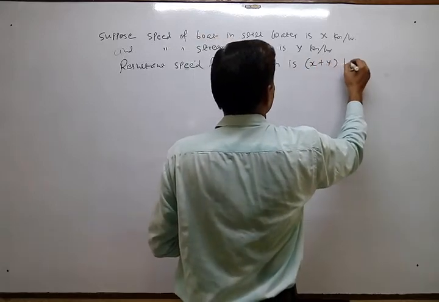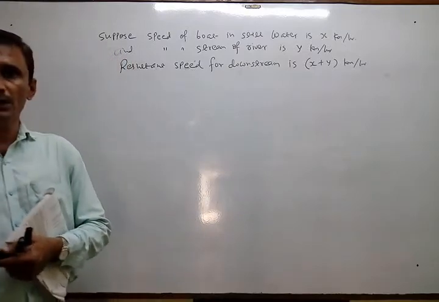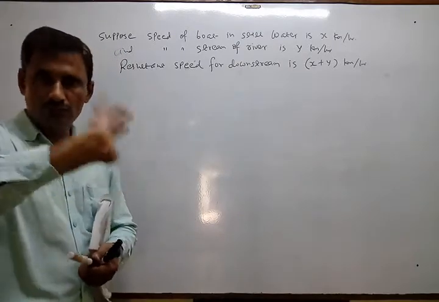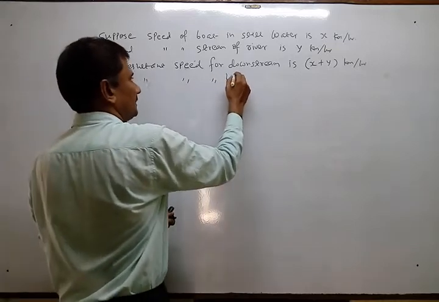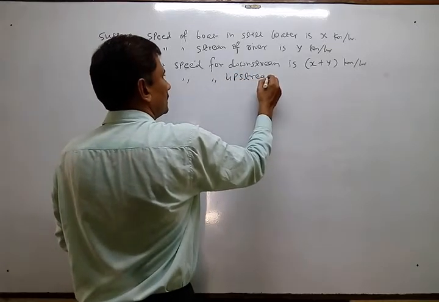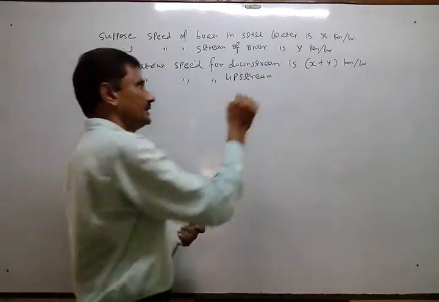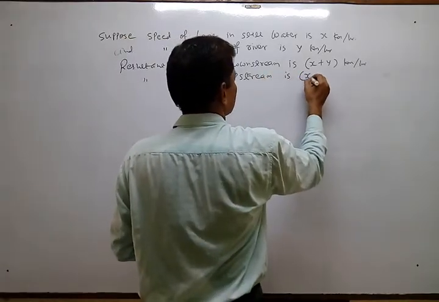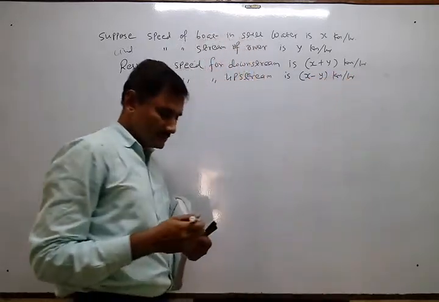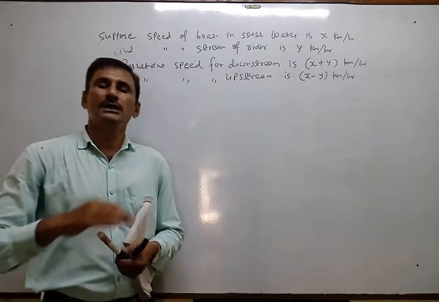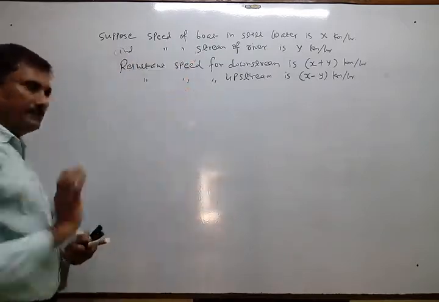Why? Because at that time water helps the boat to move. And the resultant speed for upstream, upstream means in the direction opposite to water. So at that time it becomes x minus y, and always x will be greater than y, otherwise the boat cannot swim but is drawn back. So these steps are the same.